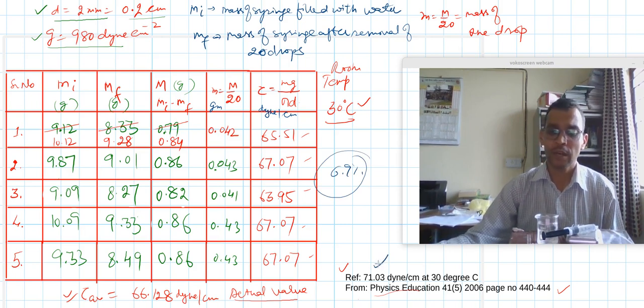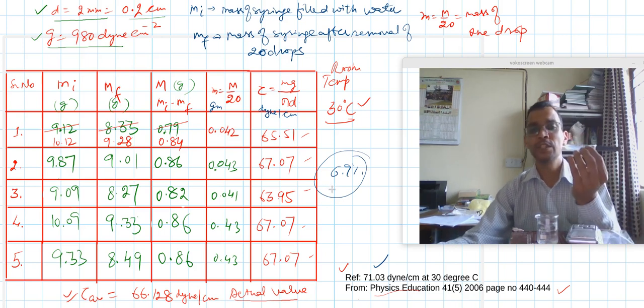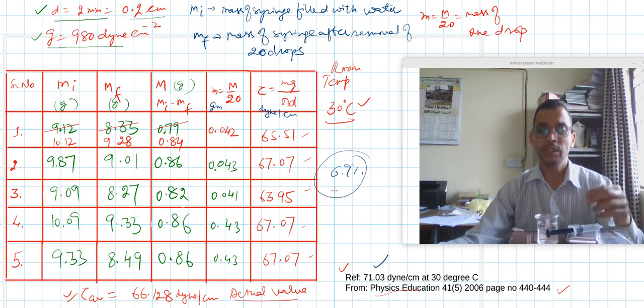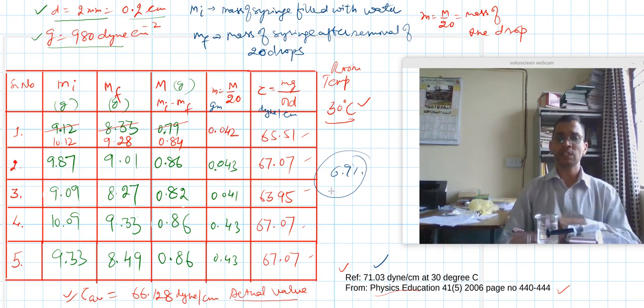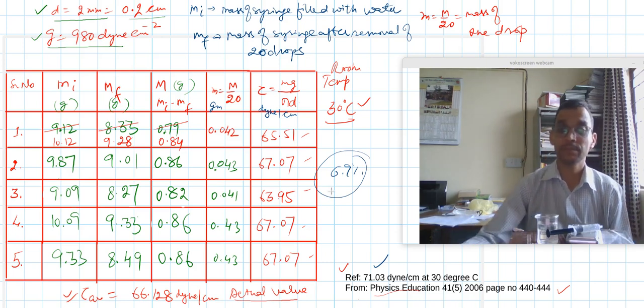So our result is close to the actual value, and the difference may be because the internal diameter of this tube is not very accurately measured. Thus, using this syringe method or Tate's law, we can beautifully estimate the surface tension of any liquid.